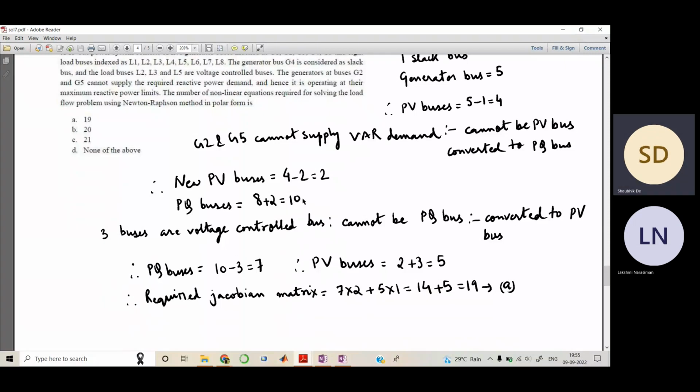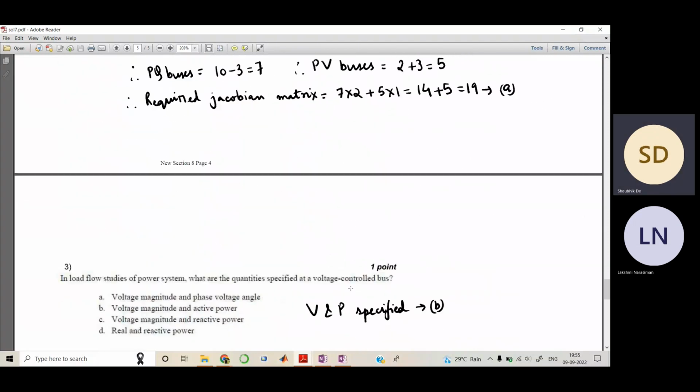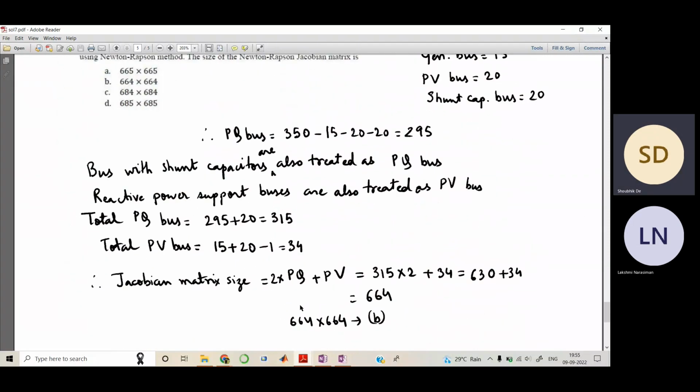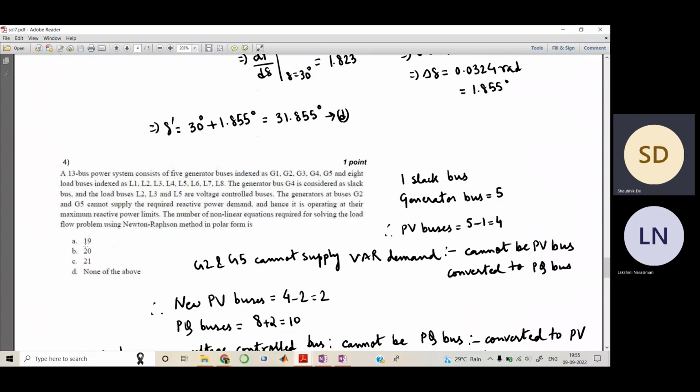Therefore, you subtract 3 from 10, giving 7, and you add the 3 to the 2, the new PV buses, so it becomes 5. Therefore, your required Jacobian matrix would be what? We saw that it is always 2 times the load buses plus the PV buses, so it becomes 7 into 2 plus 5. Therefore your matrix order would be 19 by 19. So it is option number A.